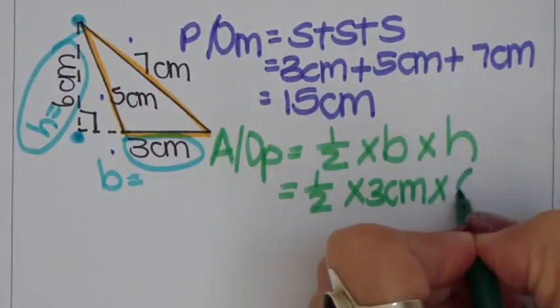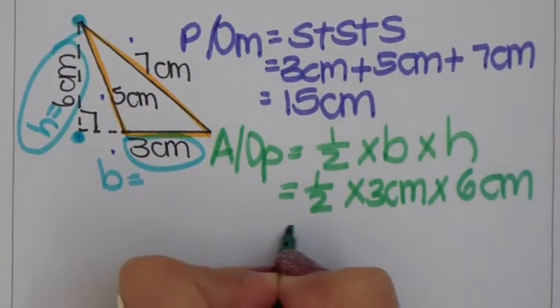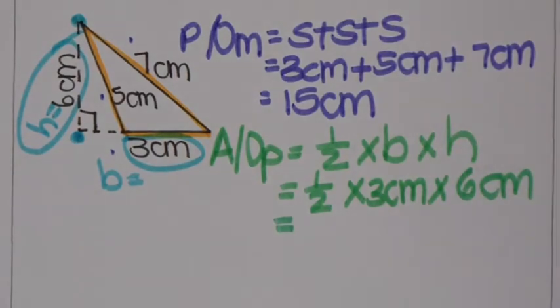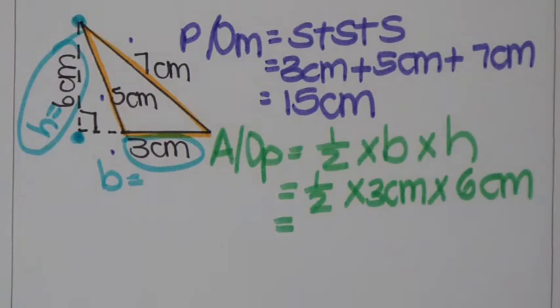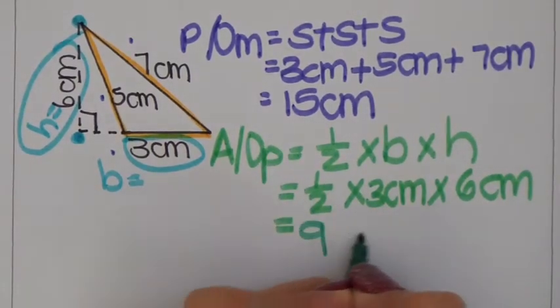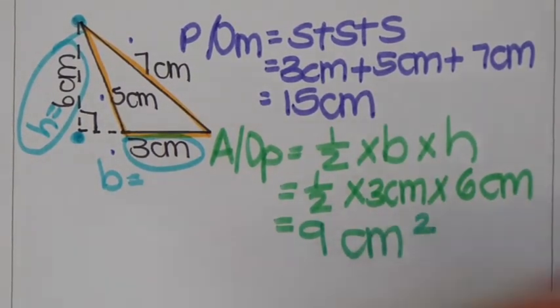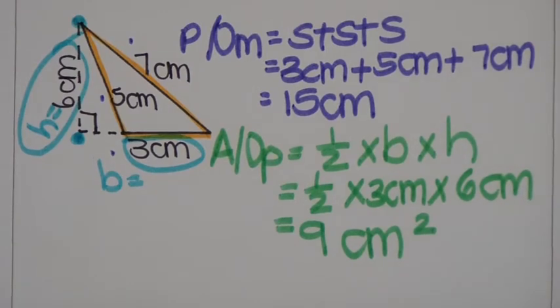Die hoogte is 6 centimeter. Beautiful. 3 maal 6, pas op julle, dis 18 en die helfte van 18, pas op weer, 9 vierkante centimeter. 9 centimeters squared. Okay, let's do one more like that. Then we know that you've got it.